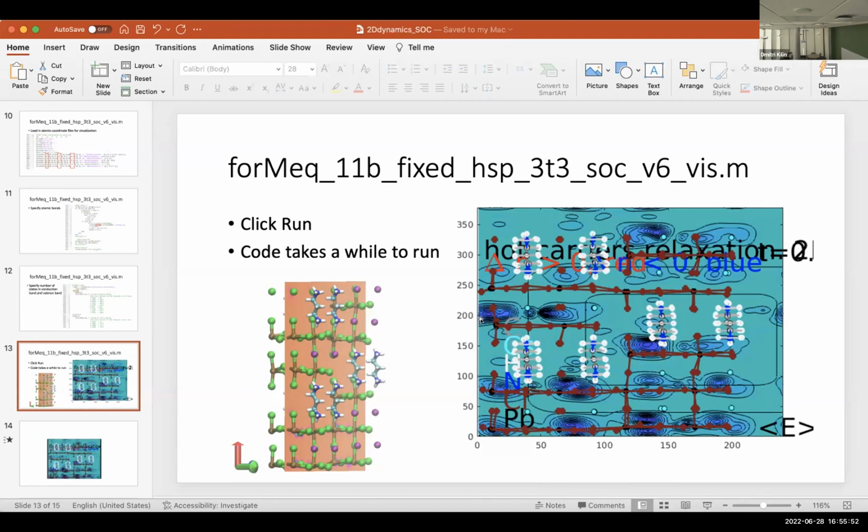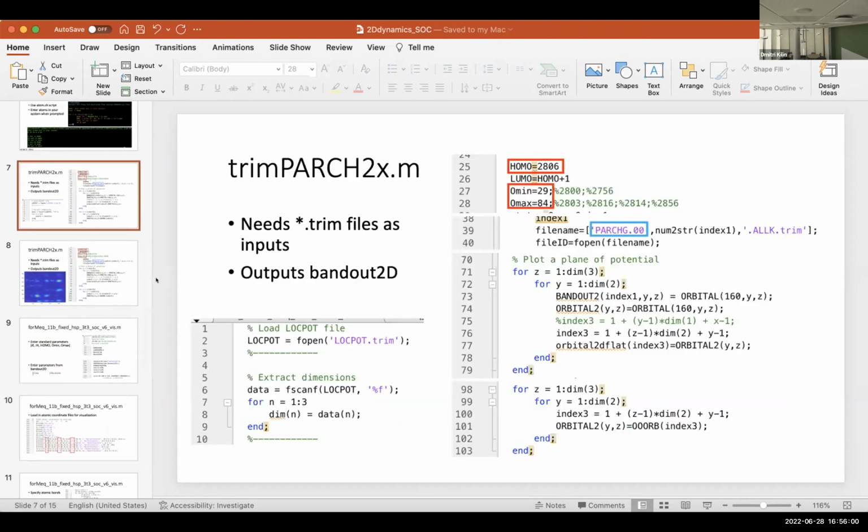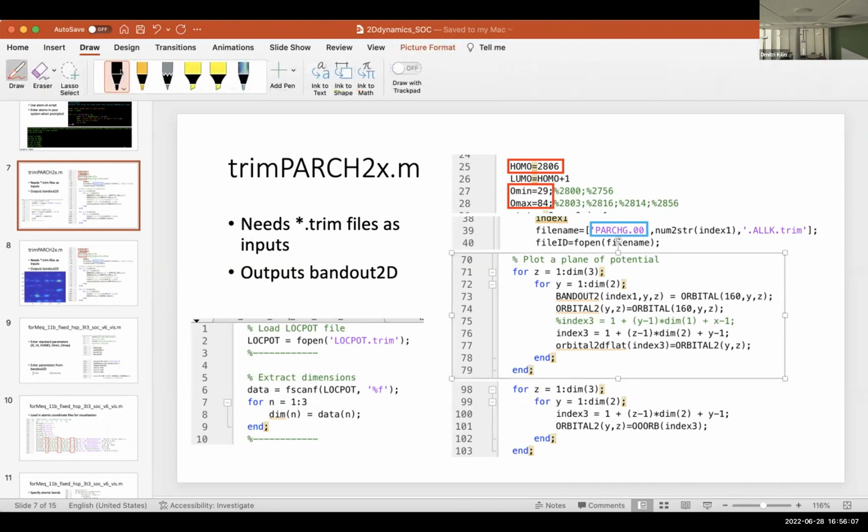Can you go to the slide where you create the slice? Great. So here one takes the 3-dimensional charge density as it has been read into the script.